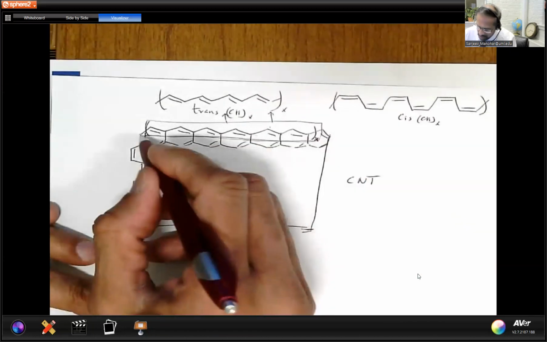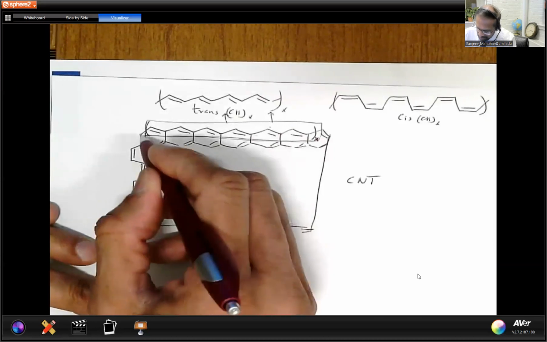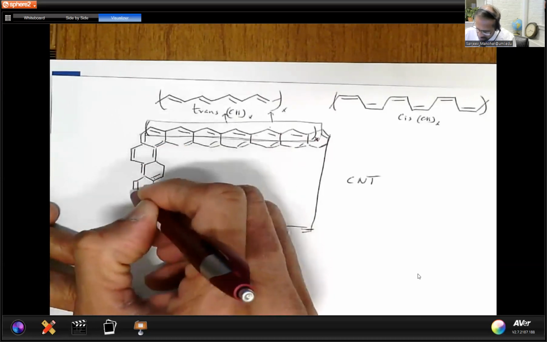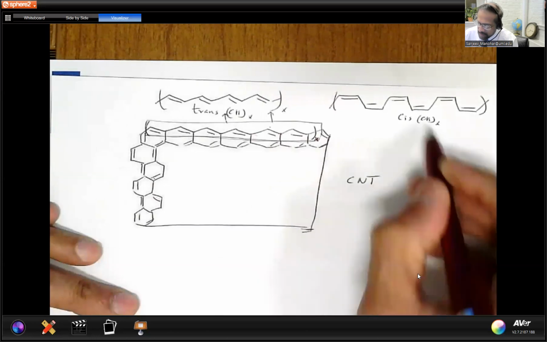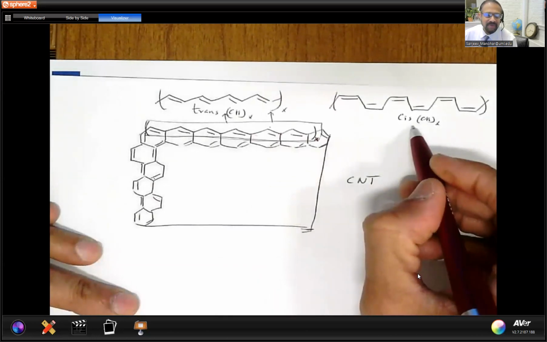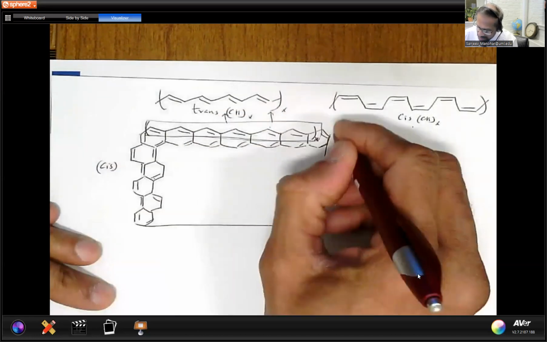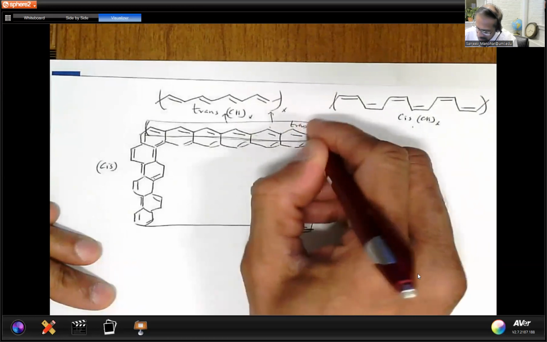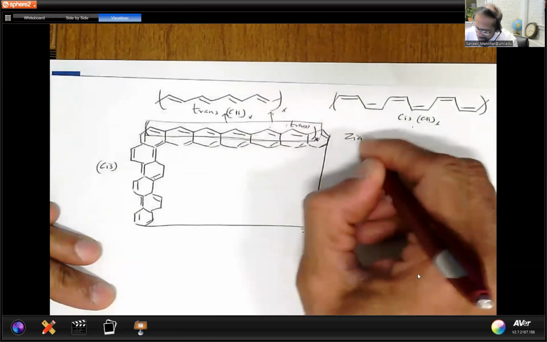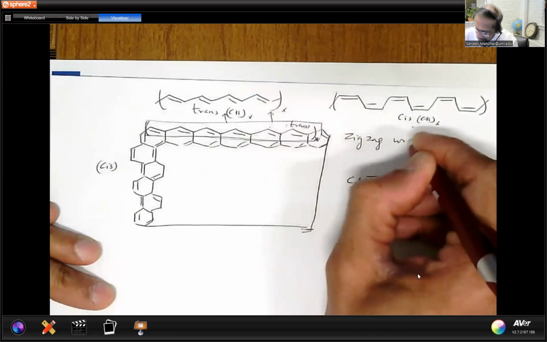And if you look at this part, this one, that looks like cis, turned around. So this could be a cis. This is your trans, right? So that's called the zigzag, zigzag wrapping.